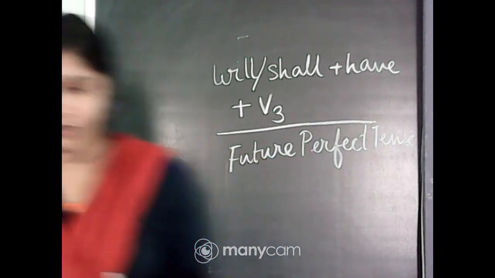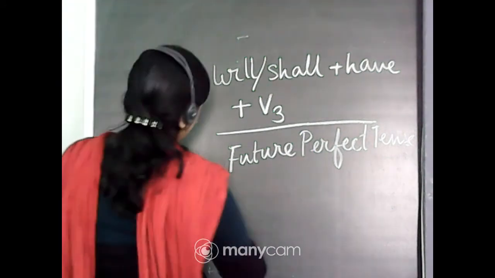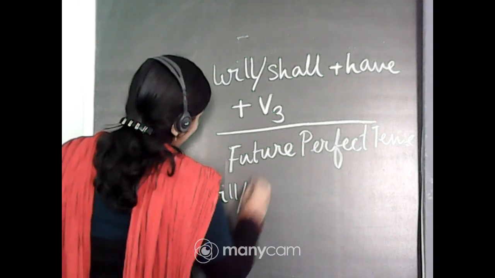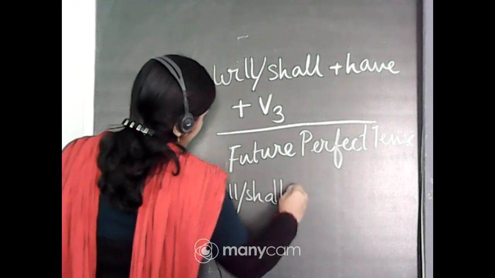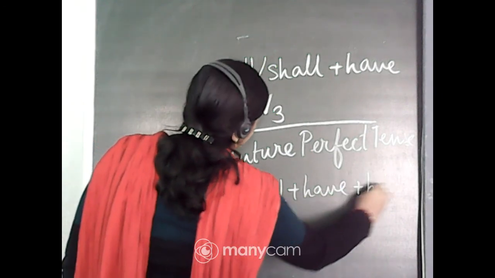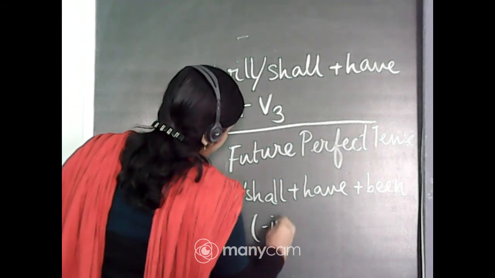The form of the future perfect continuous tense is will or shall, though shall is rarely used, plus have plus been plus the ing form of the root verb.